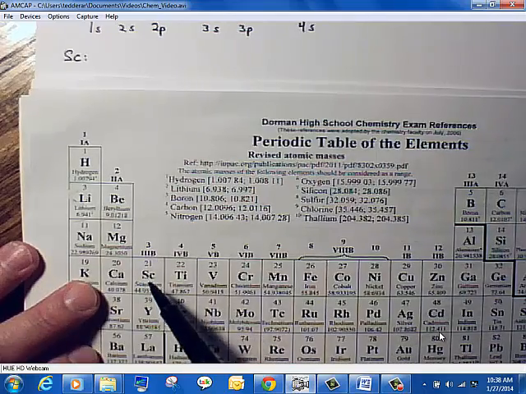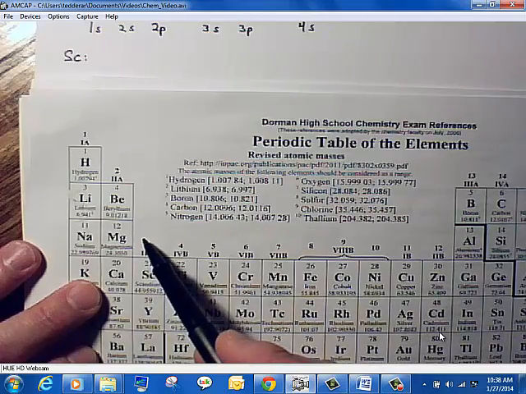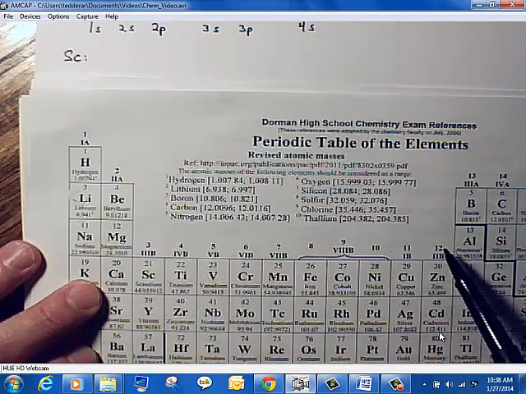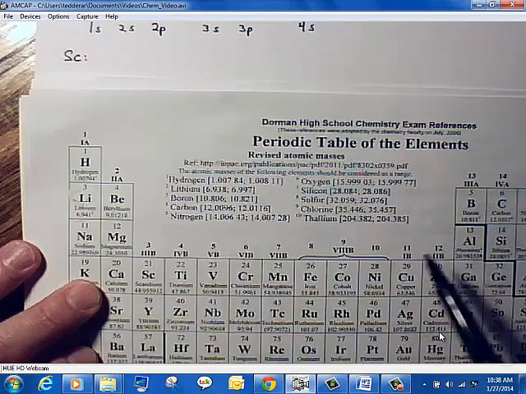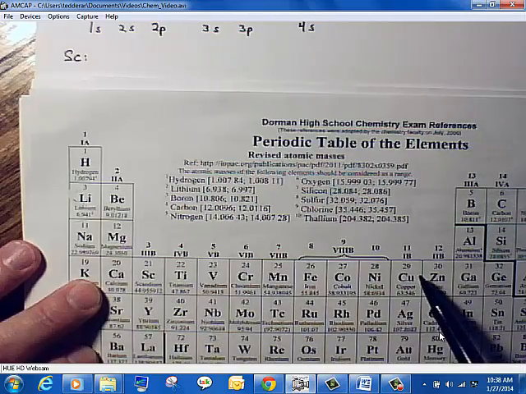In one sense, this whole section from scandium to zinc kind of belongs right here, but in terms of the proton numbers or the atomic numbers, it belongs here.